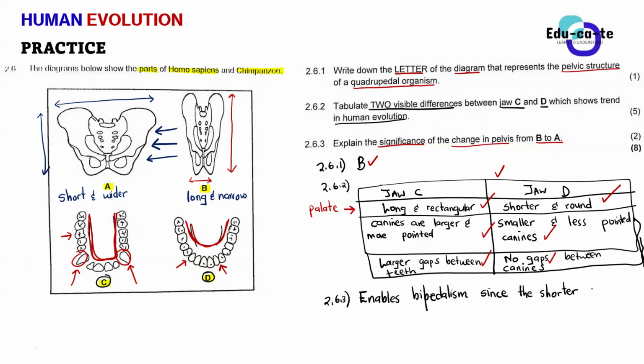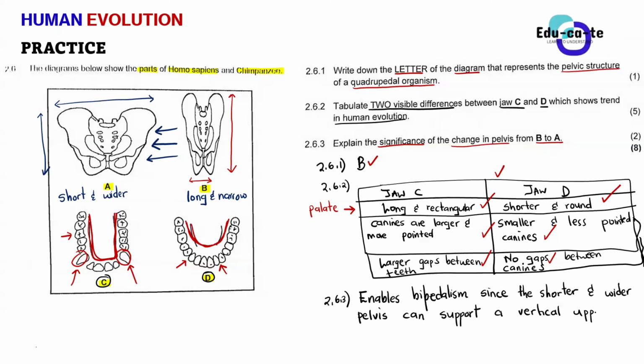Since the short and wider pelvic structure can support vertical upper body weight, it means that the organism can stand upright because of this rigid structure that is able to support an upper vertical body weight.